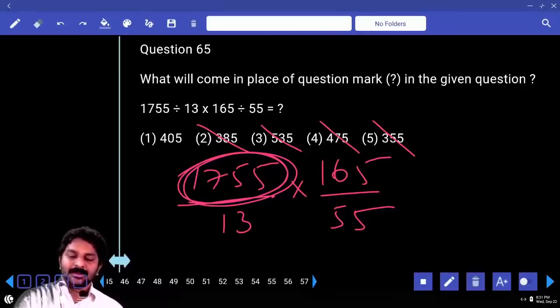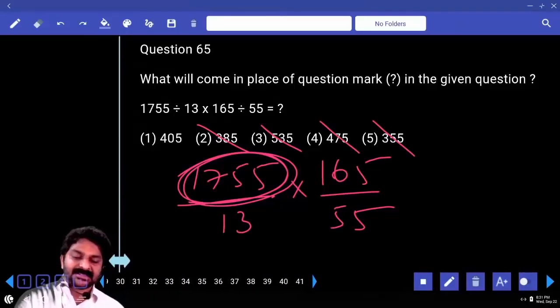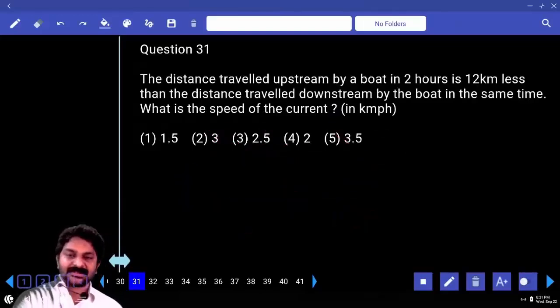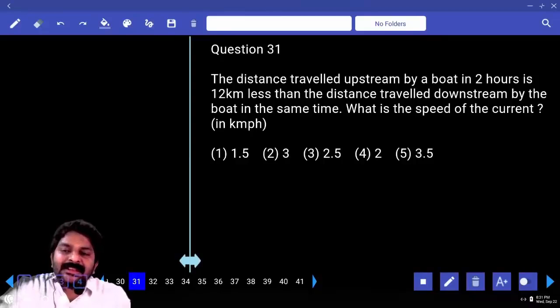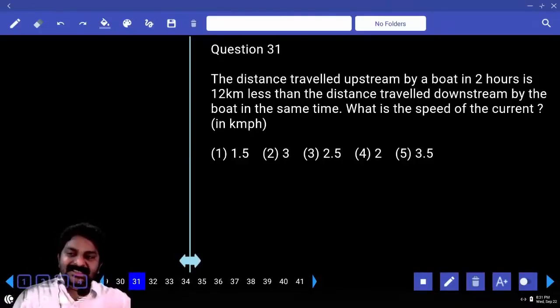Over. Now let us start the arithmetic questions, which start from 31 onwards. The distance travelled upstream by a boat in 2 hours is 12 kilometers less than the distance travelled downstream by the same boat in the same time. Same time, how much is the time you mentioned? 2 hours.